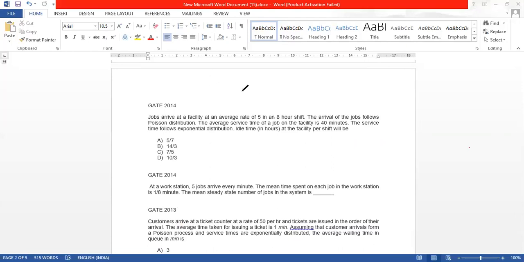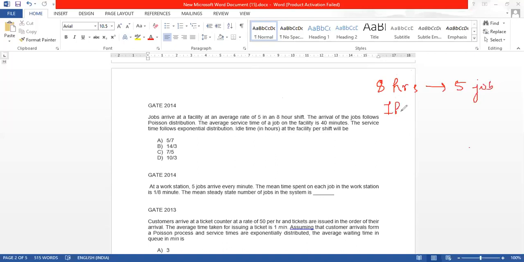Jobs arrive at an average of 5 in an 8-hour shift. So a company has an 8-hour shift, meaning this company works 8 hours per day. Jobs arrive at the rate of 5 in an 8-hour shift. That means how many jobs come in 8 hours? 5 jobs are coming in 8 hours.